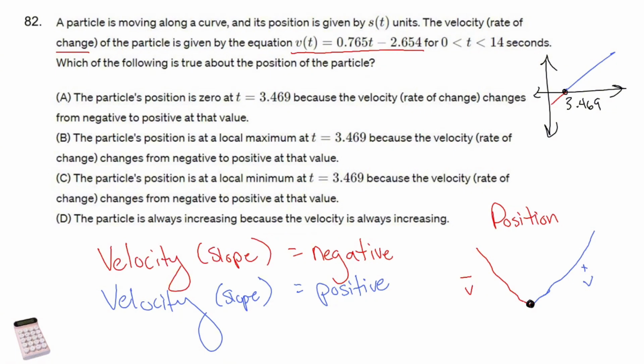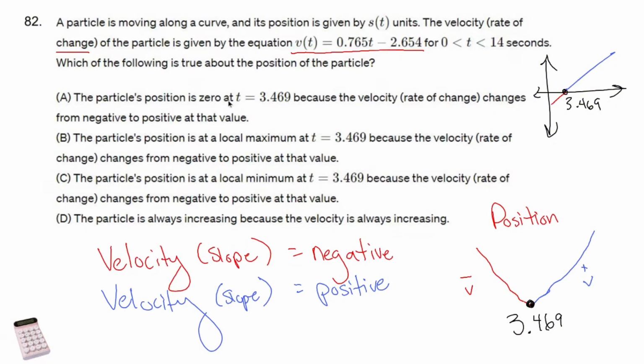We have a position where this particle is traveling down some type of roller coaster and hits the very bottom at time 3.469 and then goes back up again. So this is a local minimum at 3.469.